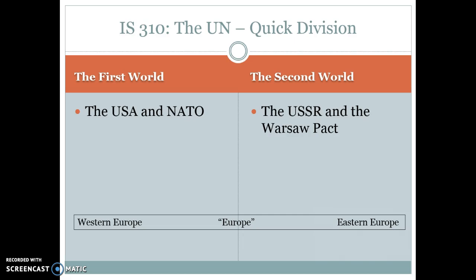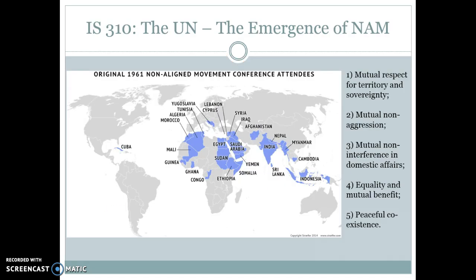And when the non-aligned movement emerged, they proposed themselves as a third world, a non-aligned world, even though lots of them were aligned. For example, the Cubans after 1959, they're a client state of the Soviet Union. So they weren't really non-aligned, but they had a definite stake in the system. But on some things, they went it their own way, different than what the Soviets wanted. So they were the third world.